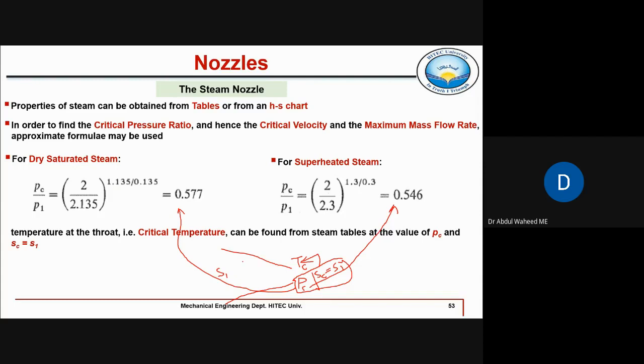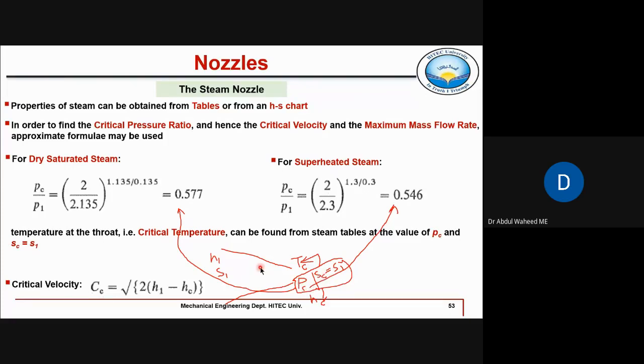Okay. And then critical velocity can also be calculated using H1 minus Hc. Here H1 and here Hc. Hc, again, you can calculate using PC and SC from tables or charts. So we can calculate Hc and Pc using charts or tables for a known critical pressure and entropy.